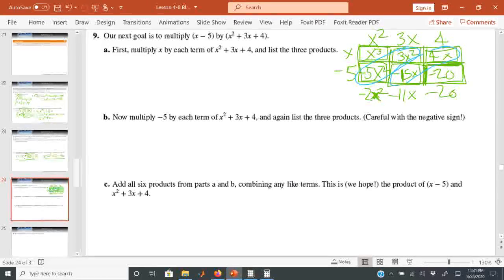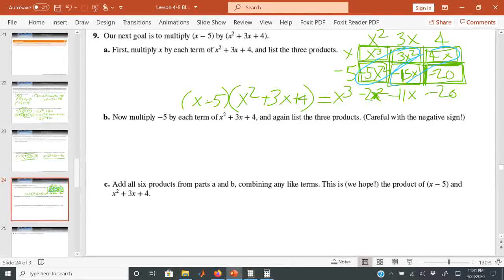And then I have x cubed. And that is all equal to x minus 5 times x squared plus 3x plus 4. So that's using the area model. That's how I did that.